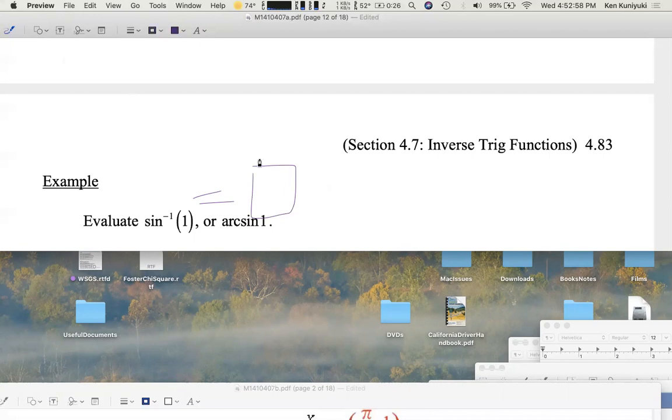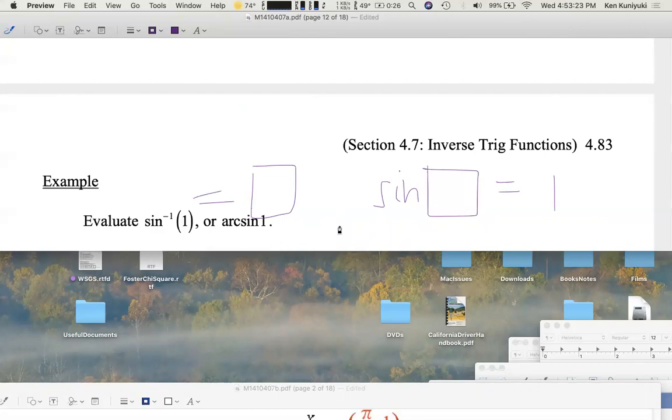Answer in the box there. Well, the sine of what is 1? The sine of what is 1? Remember when we went from log form to exponential form? The sine of what is 1?